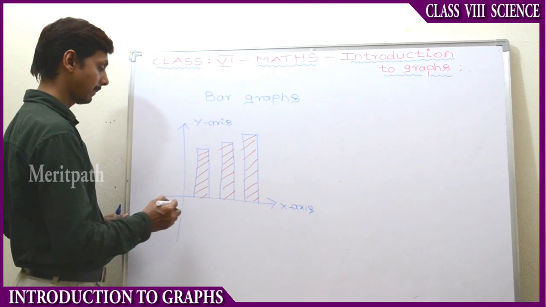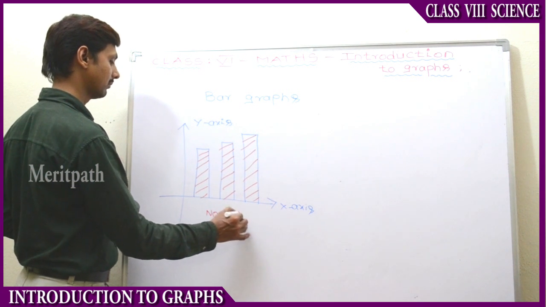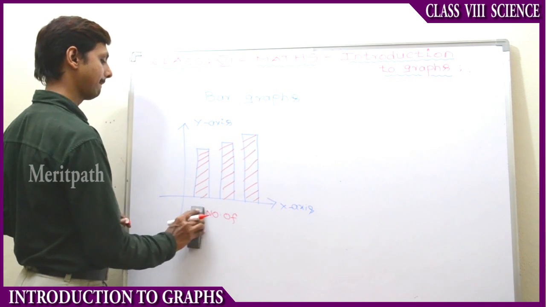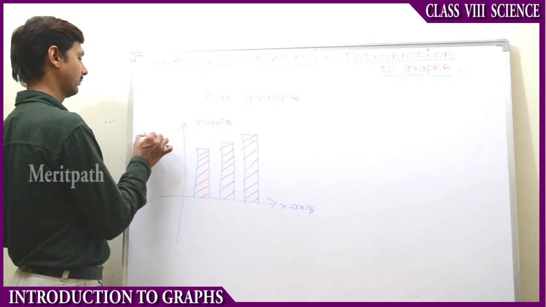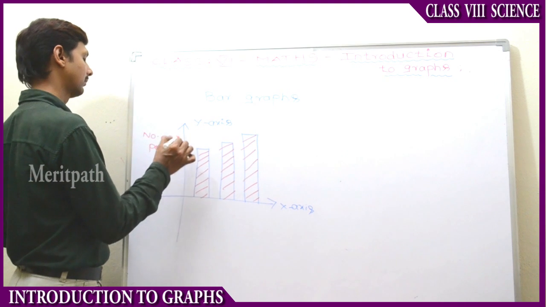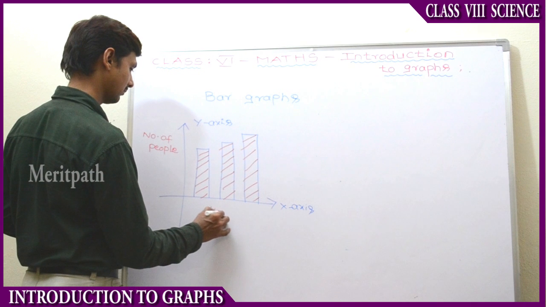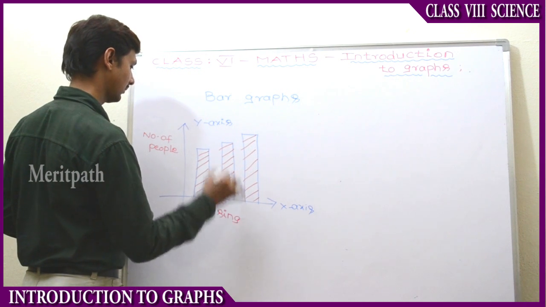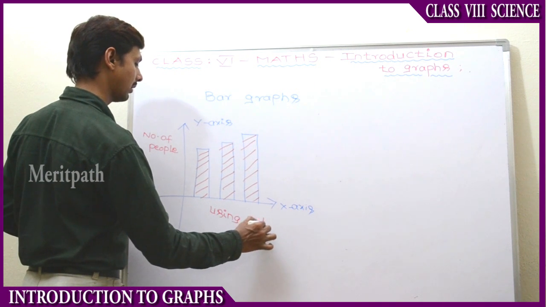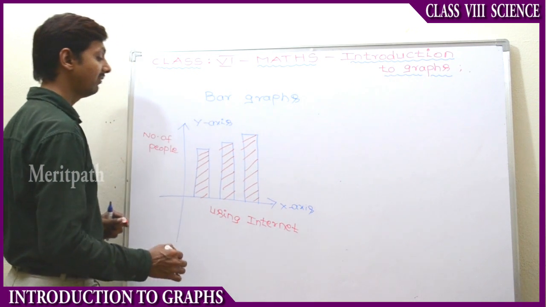So for example, these are the number of people using the internet in different years.